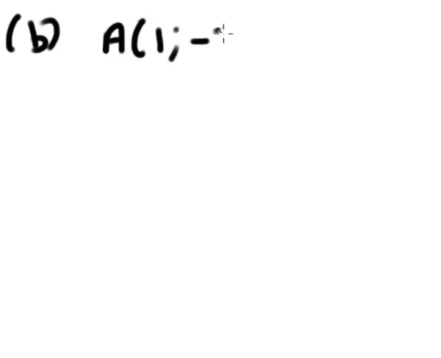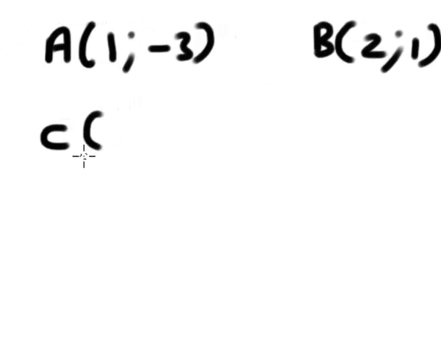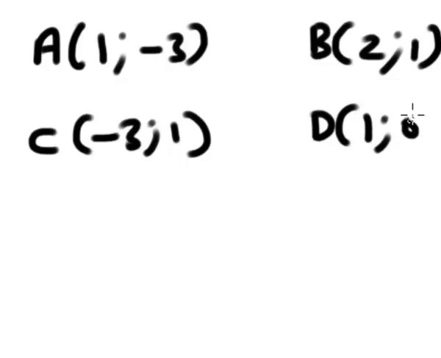Okay, now part B, have a look here. I'm going to give you another line segment, and this is going to be the line segment AB, which passes through 1, negative 3, and B, which is 2, 1, so that's the one line segment. The other line segment is C being negative 3, 1, and D being the point 1, 0. And we want to establish, is AB perpendicular to CD or parallel? Well, what is the gradient of AB?